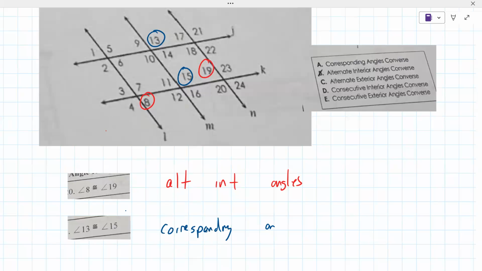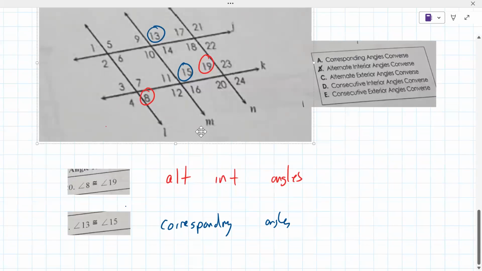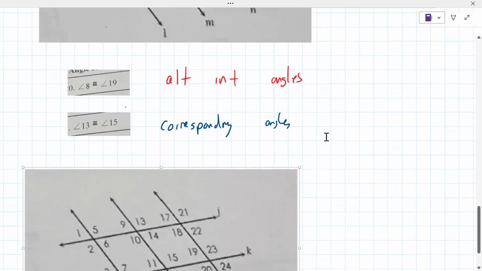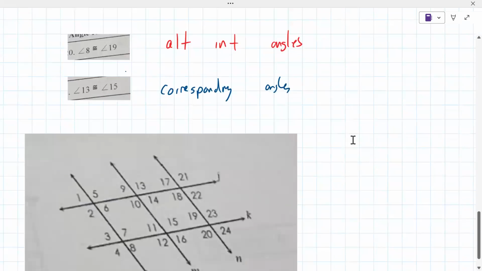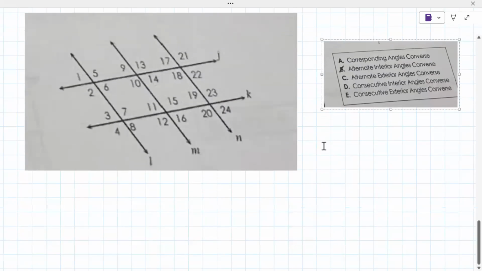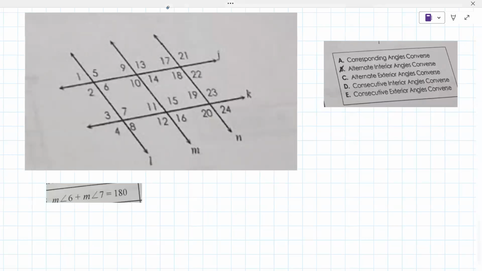This is kind of like your word bank because once you whittle it down, the next ones are a little bit easier to do. So let's do a couple more here. So there's this one, angle 6 and angle 7.